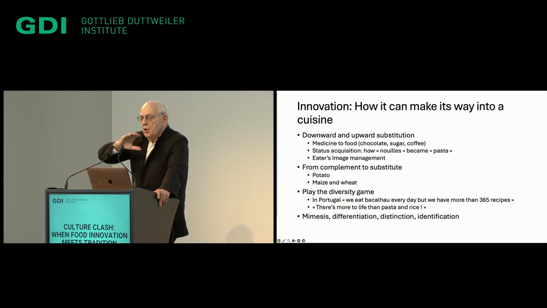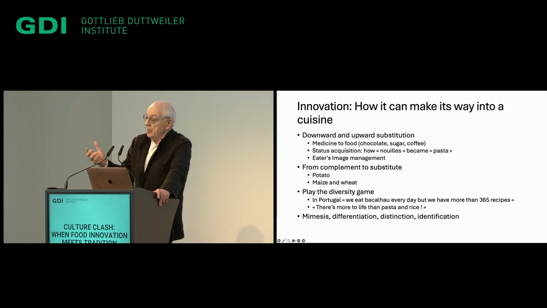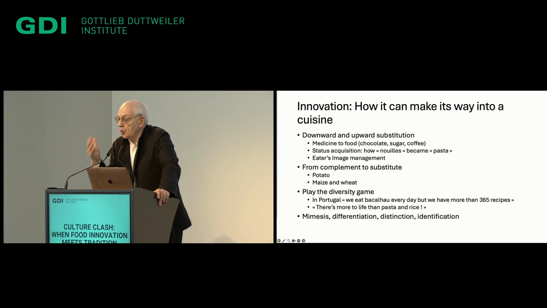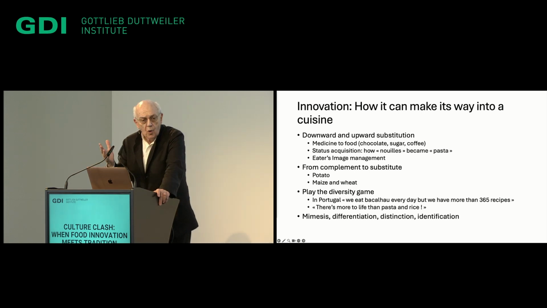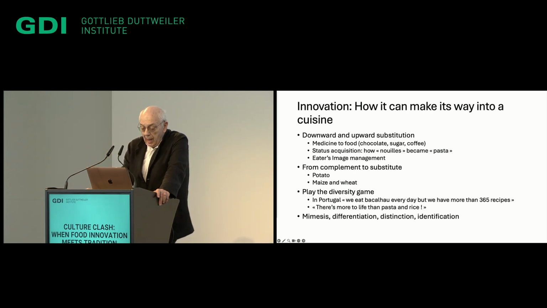For instance, if you have a food that you can say is a medicine, even before you think of it as food, it usually has a good chance of succeeding. If we look back at history, we see that chocolate began like that, and more surprisingly, sugar began like that. Sugar was a medicine before it was an ingredient. And the same goes for chocolate, coffee, etc. They all have this past.